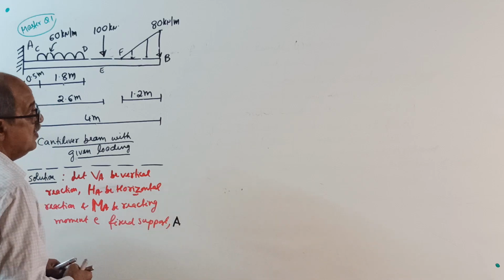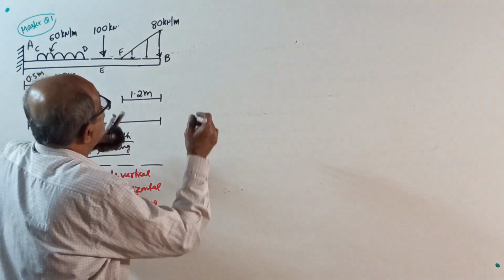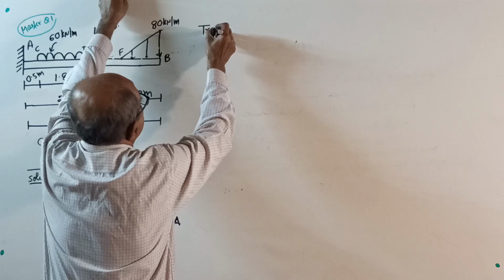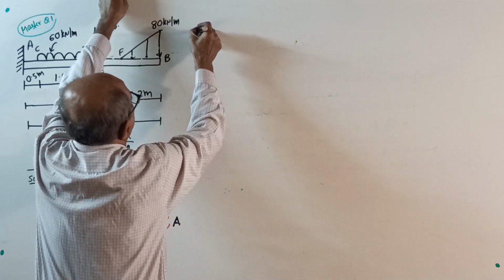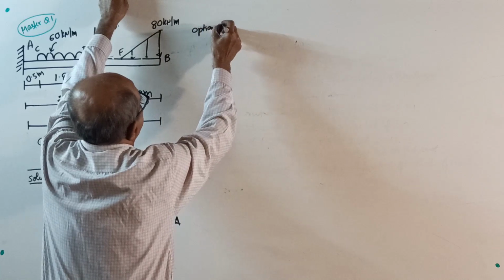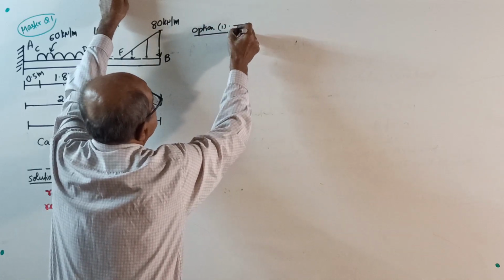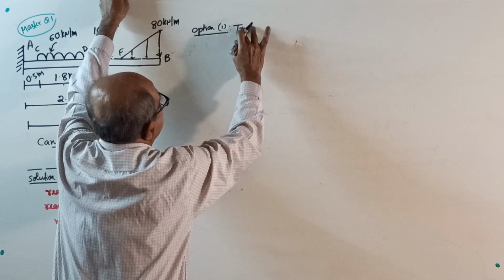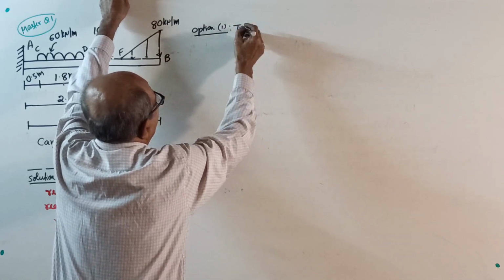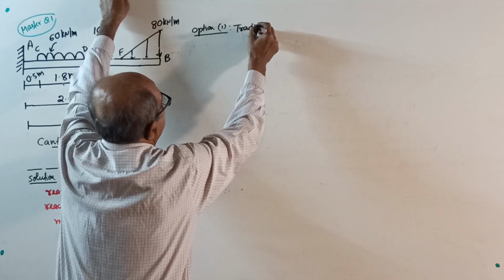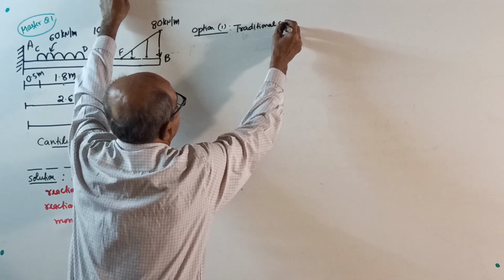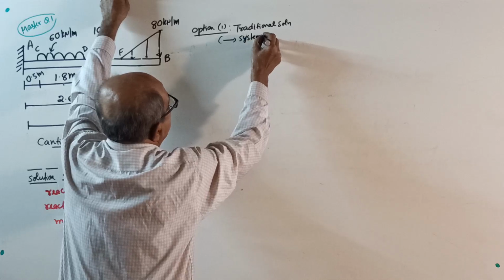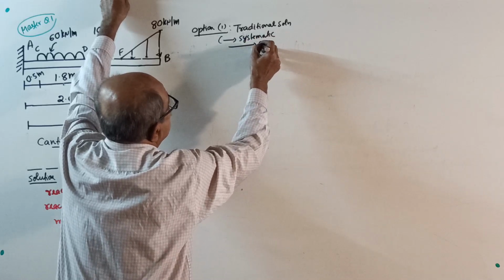Now next I will go to the first option. Option 1 is the traditional solution, or what you can call the systematic way, or the way we have done so far.